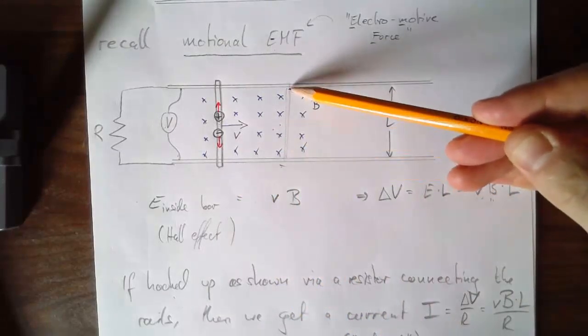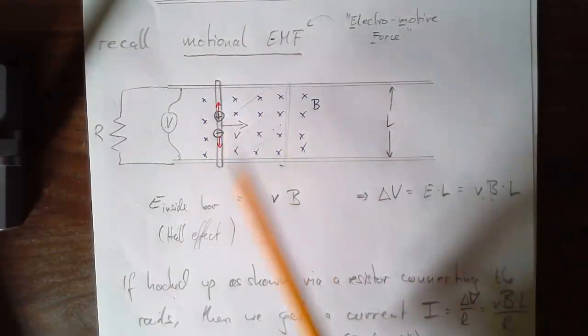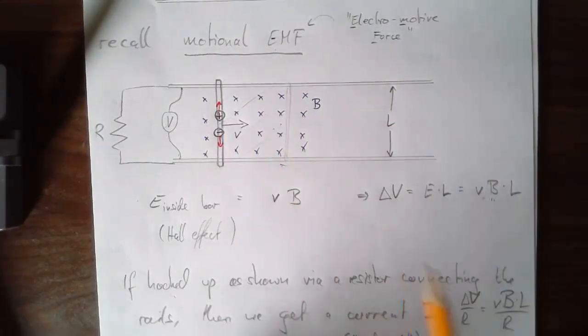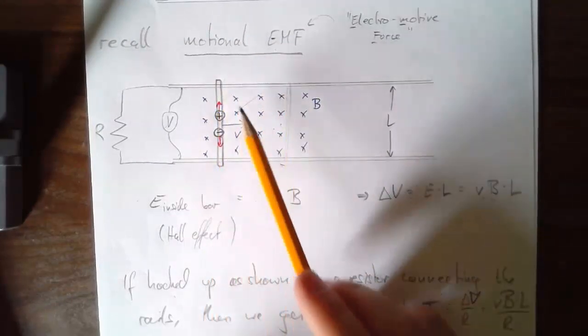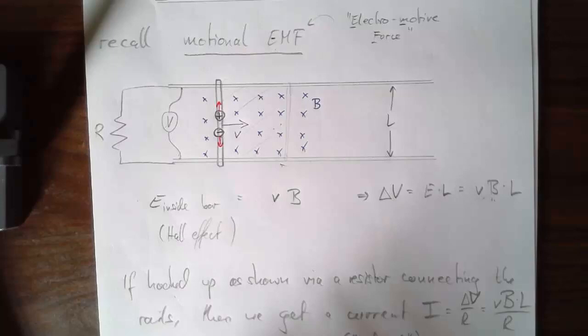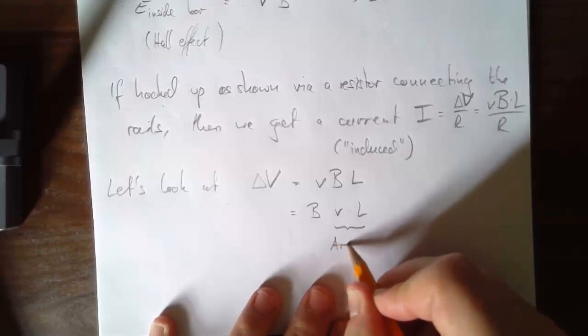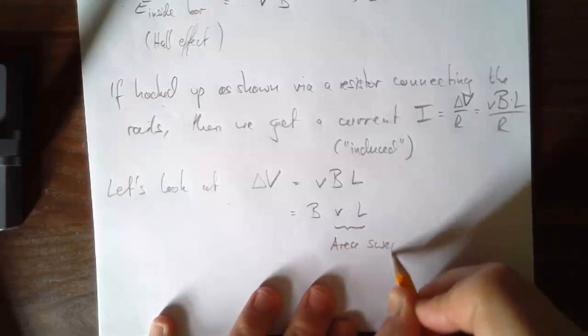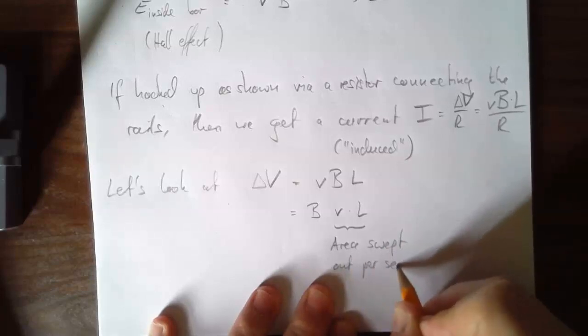If I multiply this distance that the bar travels in 1 second by the length of it, I'm going to get the area that the bar sweeps out. Imagine this bar leaves behind a sort of trail of color. Then this whole area will be colored in after 1 second. So v times L is the area swept out per second.